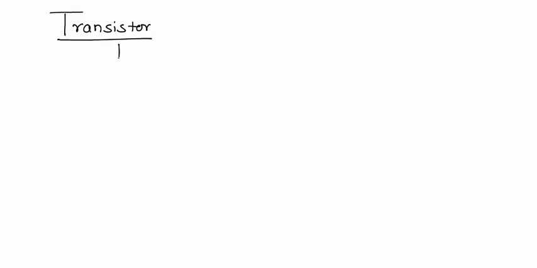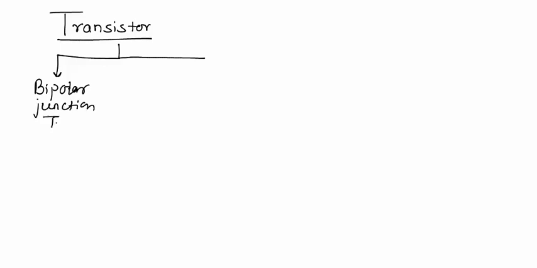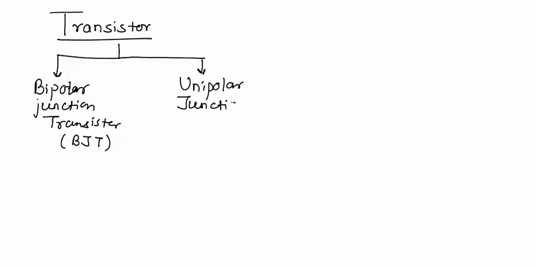In the transistors, we will study both bipolar junction transistor, that is BJT, and unipolar junction transistor, that is FETs. In FETs, there will be JFET and MOSFETs. We will see later there.